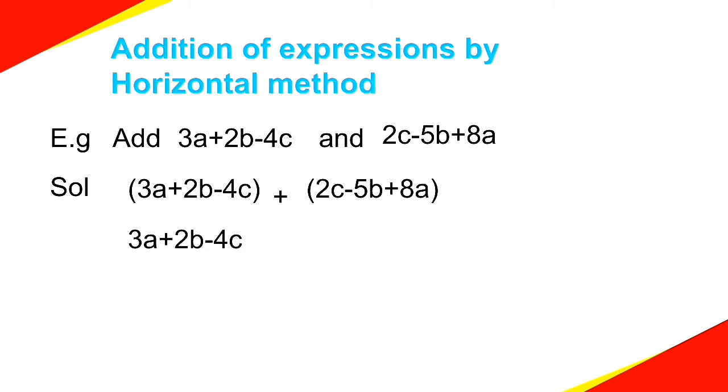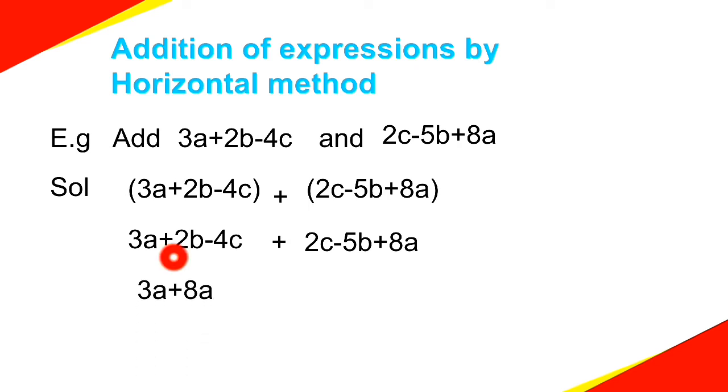Now we are going to remove the brackets. 3a plus 2b minus 4c plus 2c minus 5b plus 8a. Now in this expression, what are the like terms we have? That like terms you can keep at one side.